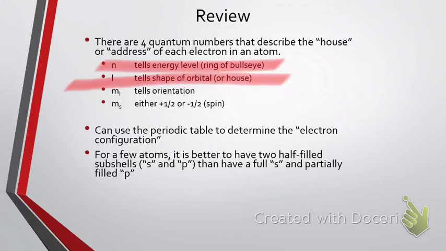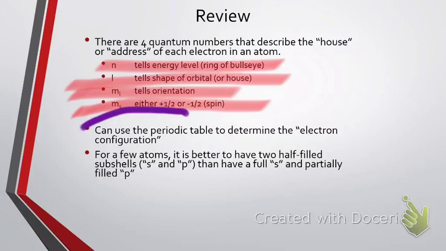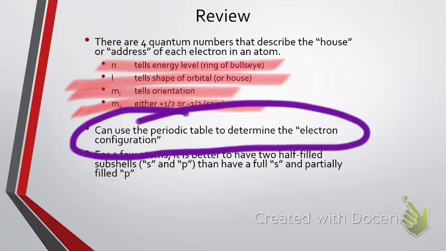The l tells the shape of the orbital or the house, if you want to think of it that way, and its angular momentum. The magnetic quantum number tells you the orientation, and then the spin tells you either plus 1/2 or minus 1/2.